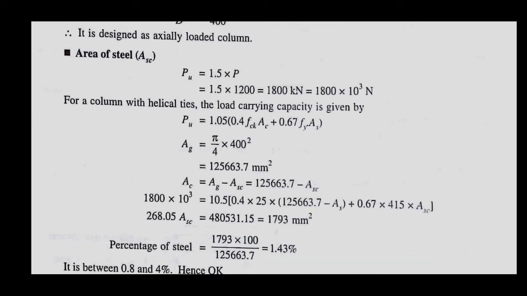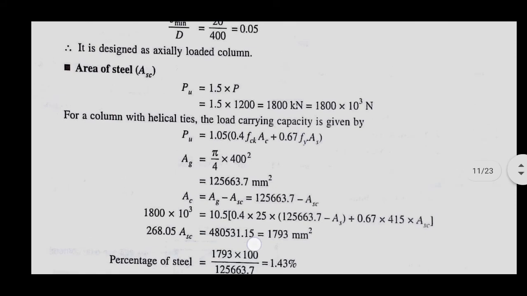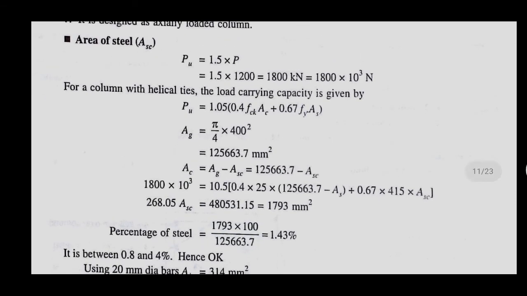After calculating, the value of Asc is 1793 mm square. So the percentage of steel will be as per this equation, which is 1.43%, and this is between 0.8 and 4%. Hence it is okay.